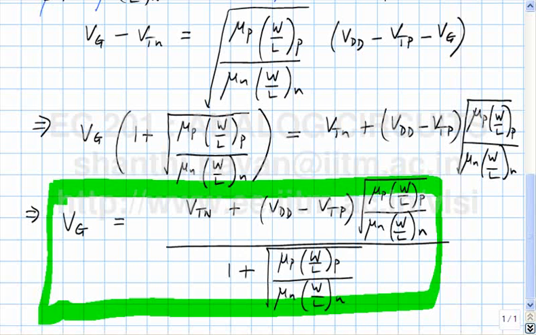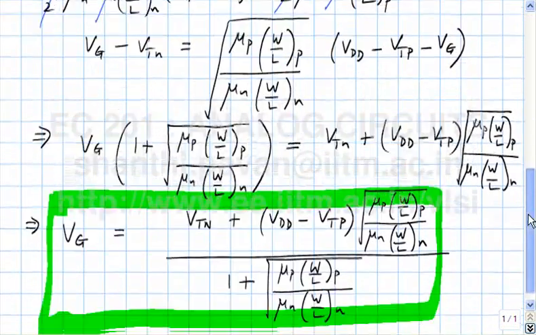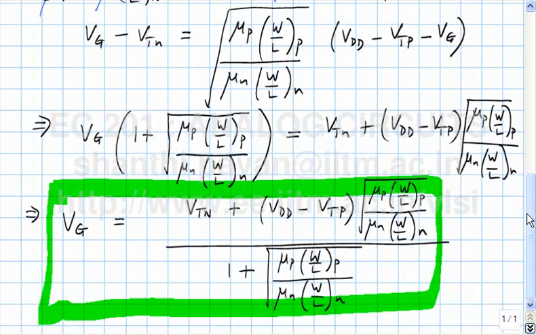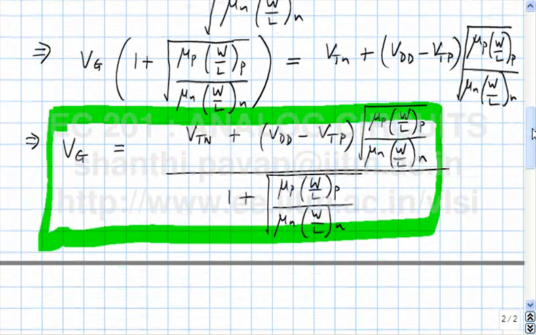If you stare at this expression, it's quite straightforward to figure out that this will be greater than VTN and less than VDD minus VTP. If VTN and VTP are fixed, is there some freedom you have as a designer in placing VG wherever you want?